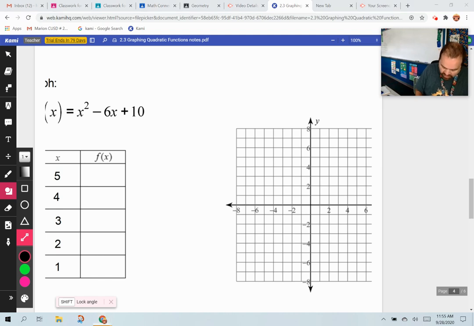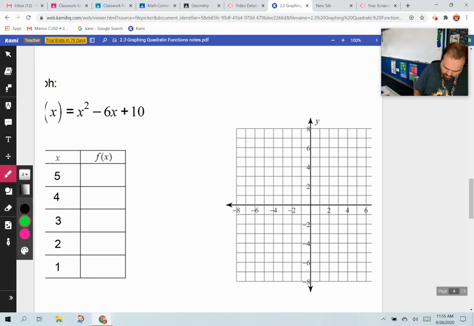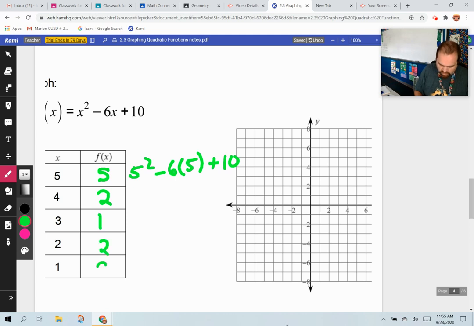So I'm going to go through and evaluate this. I'm going to go back to the other tool. I've got 5 squared. It's still green. Minus 6 times 5 plus 10. Go through and evaluate these. If you need help with that, go back and watch the video that I posted last week. So evaluating this one, this is 5, and then on down the line, 2, 1, 2, 5.